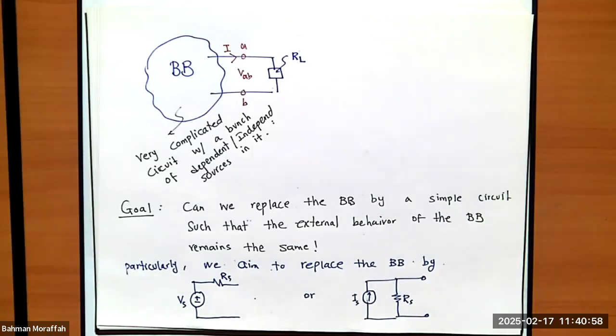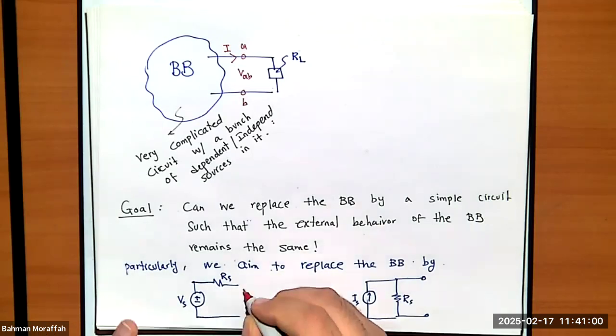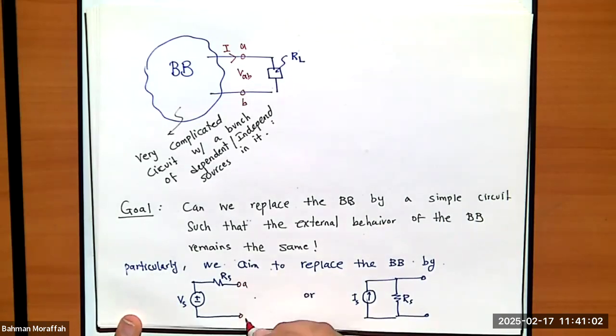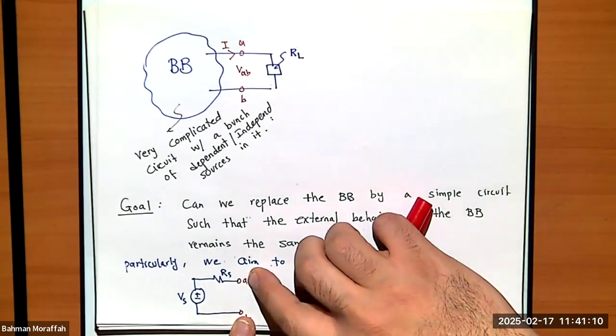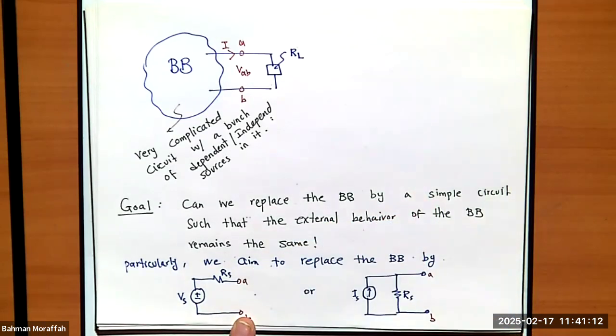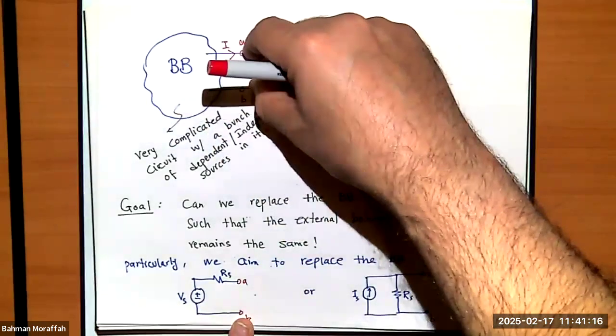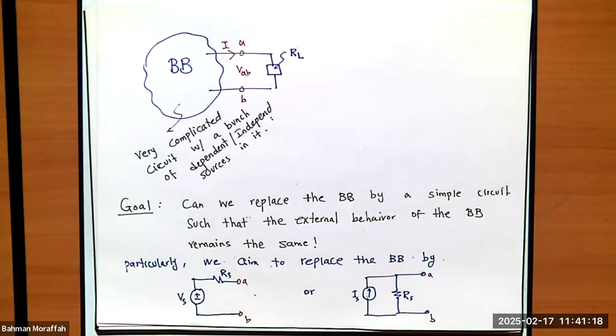So this is basically my black box. And this is going to be A, this is going to be B, this is going to be A, this is going to be B. And my hope is that if I look at A and B, if I look at voltage across it or current through it, that's exactly the same as A and B over here. So this is going to be like my black box.